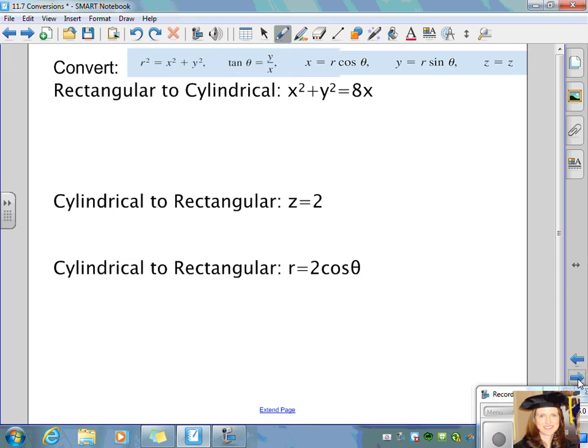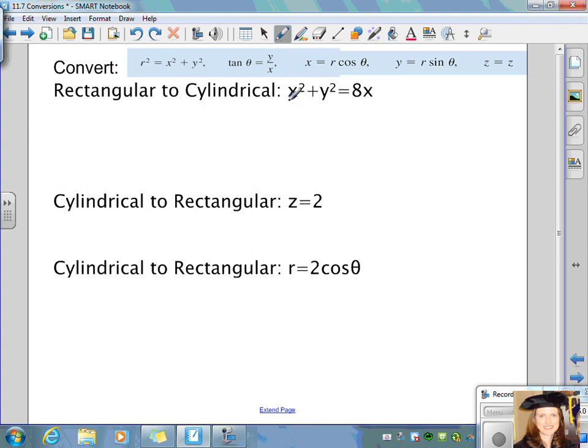Okay, for this example, we want to convert the rectangular equation x squared plus y squared equals 8x. This is a surface in space. We want to convert it to the cylindrical coordinate system. By using the conversion equations, we get, by the way, this ends up being a cylinder when you sketch it in 3D.